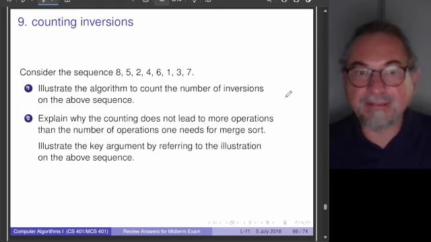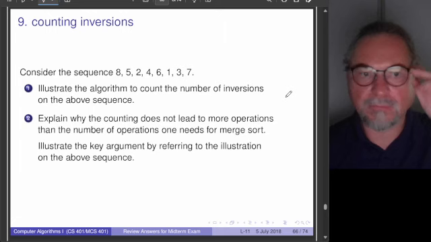You have to indicate again the key argument. Why there is not much more work, why this is still an n log n algorithm. And illustrate the key argument when you run on the example that you run.